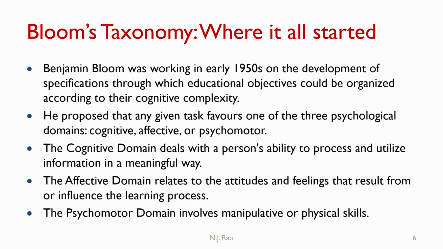The affective domain relates to the attitudes and feelings that result from or influence the learning process. And the psychomotor domain involves manipulative or physical skills. These are the three domains involved in any activity that we perform.